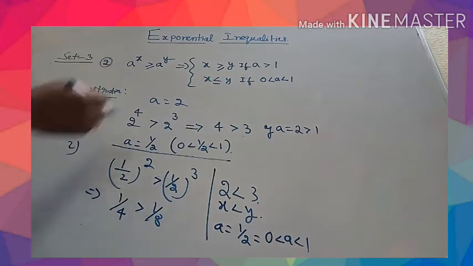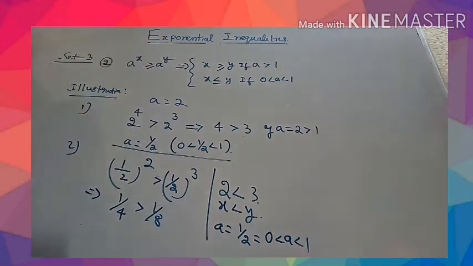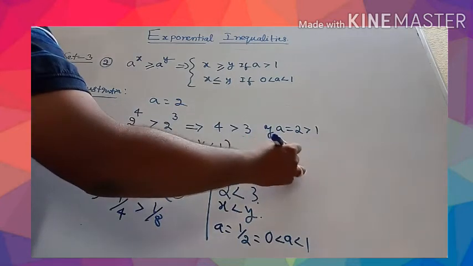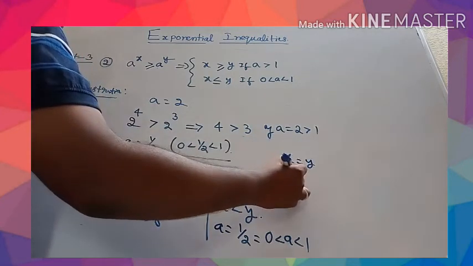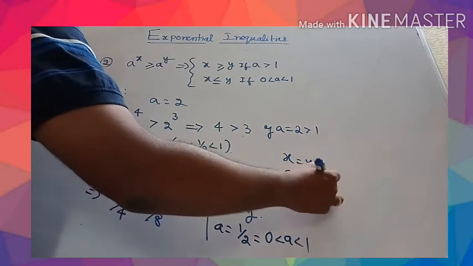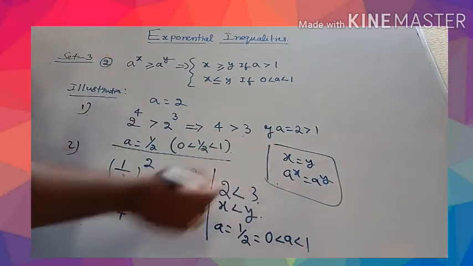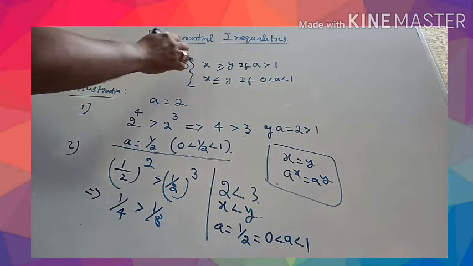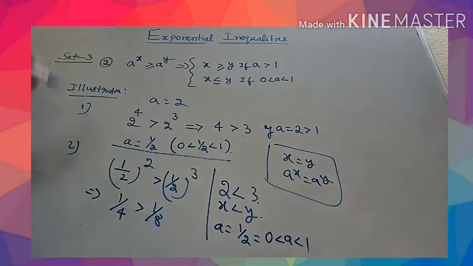That is obvious. When x equal to y, a power x equal to a power y. That is very much true. This is obviously true, and less than and greater than will be maintained according to whether x is greater than y or x is less than y, based on their bases, right?